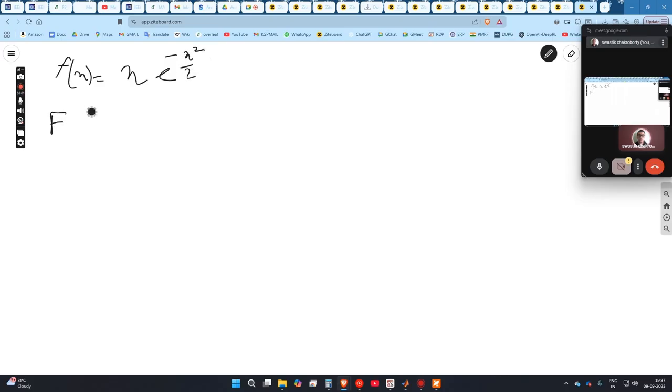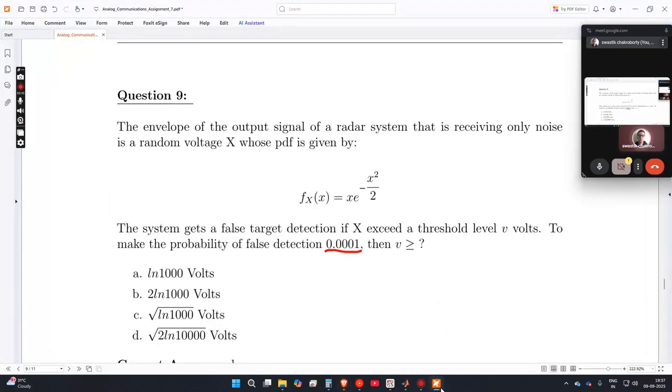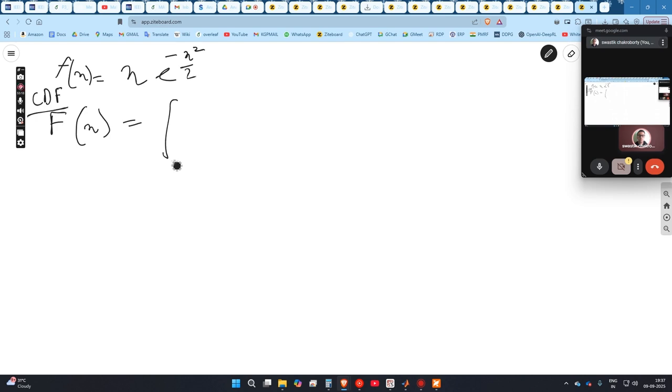The cumulative distribution function, or CDF, will be given by the integration between the initial point of the domain, which is 0, since we are dealing with the magnitude of the voltage only, and the final point x.